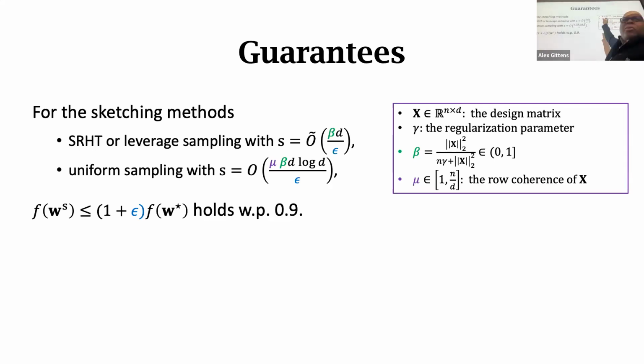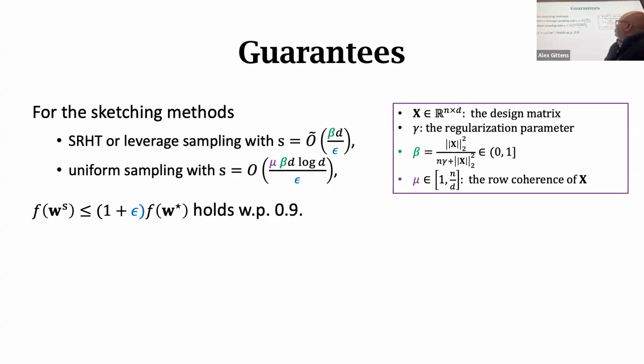And beta here, by the way, is a number that's less than 1, and it accounts for how as you increase the regularization parameter, your solution becomes less dependent on your data, so you can sample more aggressively. So as gamma goes up, that beta gets closer to 0, and you can sample fewer and fewer constraints.